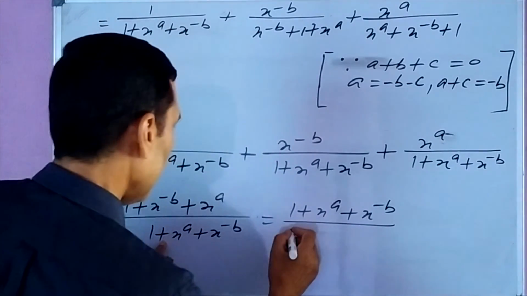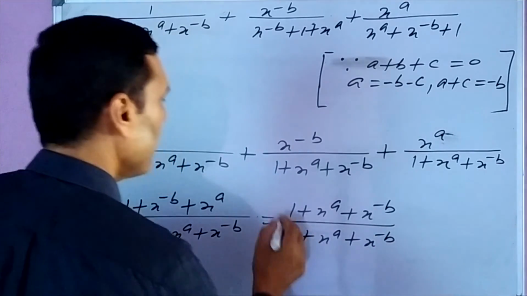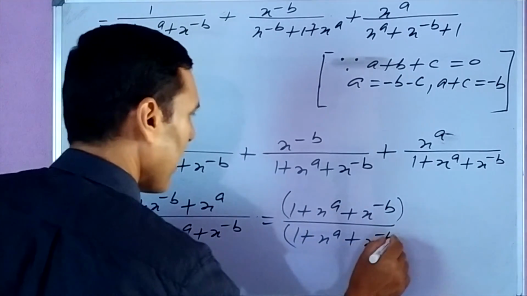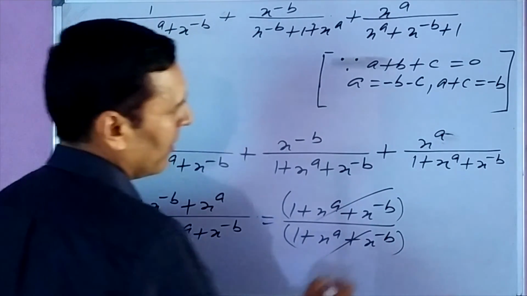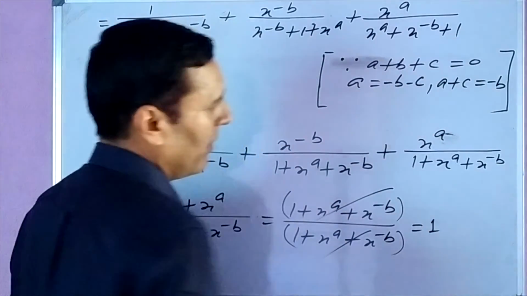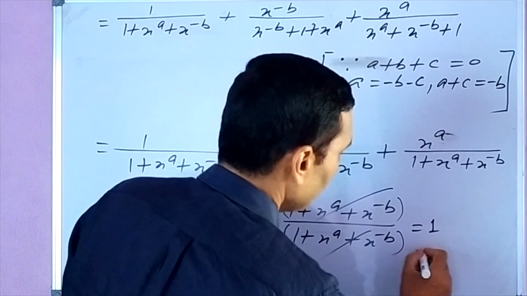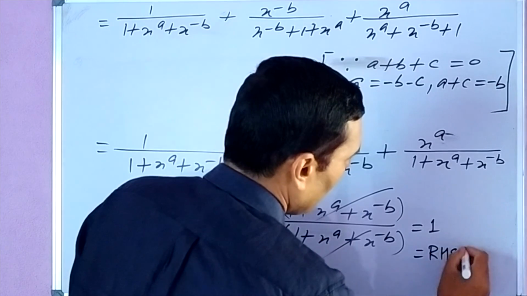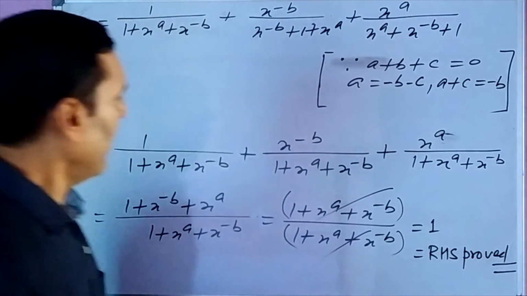Now write this in the bracket, making a single term, so that the whole numerator and whole denominator cancel. It gives the answer 1, which is what we have to prove. So LHS is equal to RHS, it is proved. Okay, thank you, bye bye.